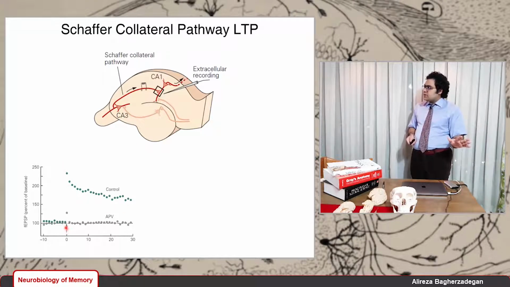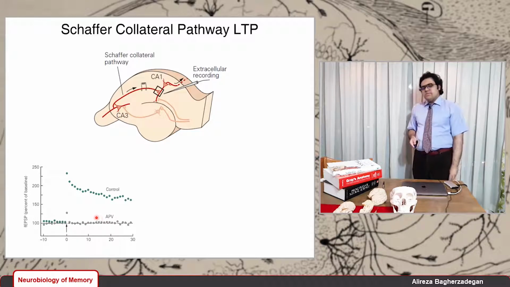First, this arrow shows the time when we apply that tetanic stimulation. And here we have a very large LTP, very great LTP, and then it reduces because it's just one tetanic stimulation. It may last 2 or 3 hours, but then it is reduced to the basal level.